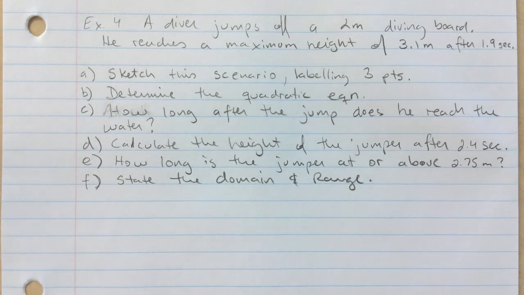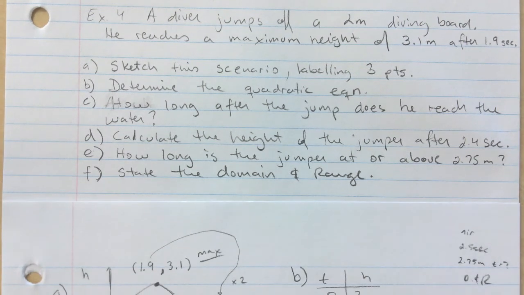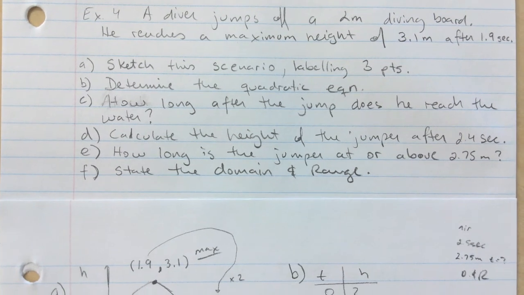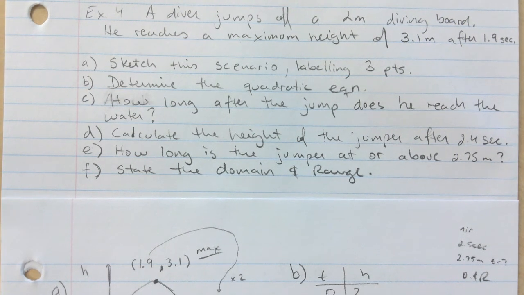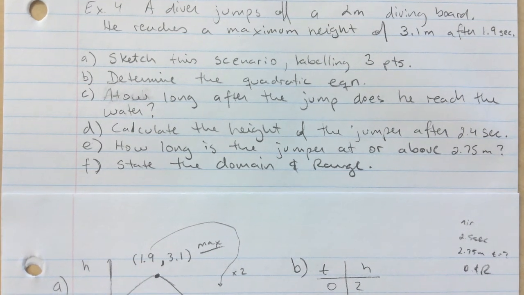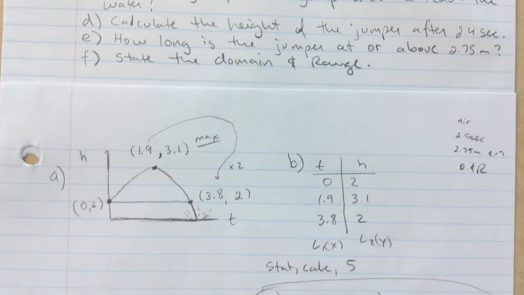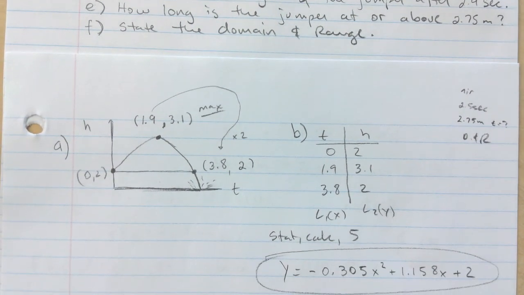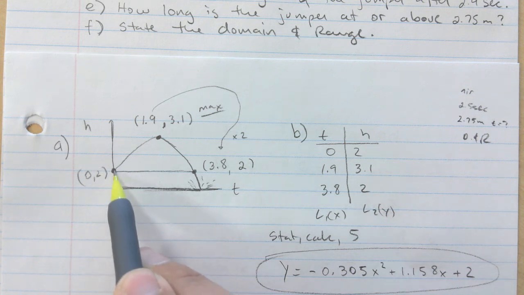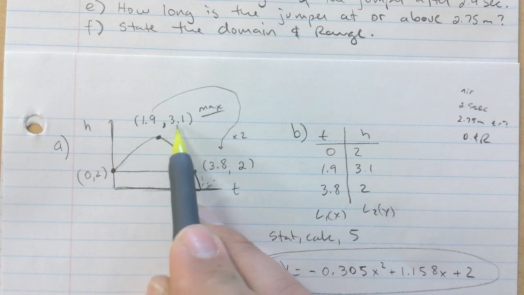For this to be on video, before we conclude, I have this already worked out, so it might not be as pretty as you would like it to be. So you schedule the 3 points. The diver starts 2 meters above the ground, reaches a maximum height of 3.1.